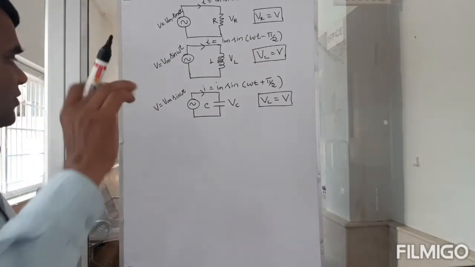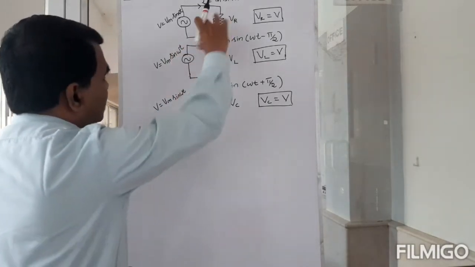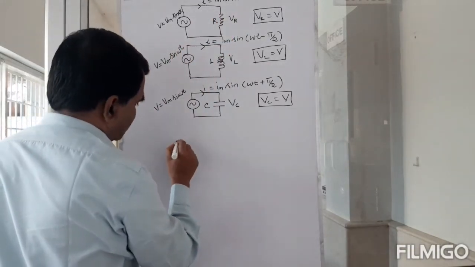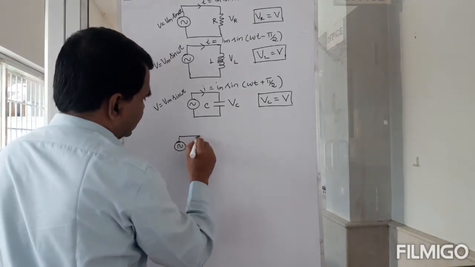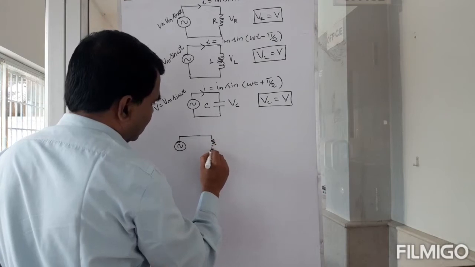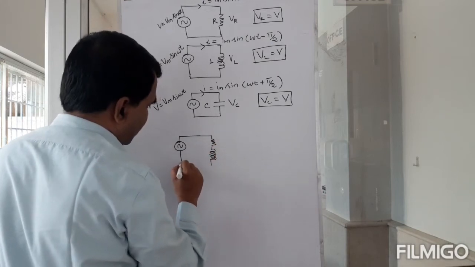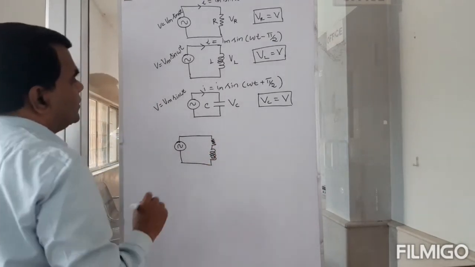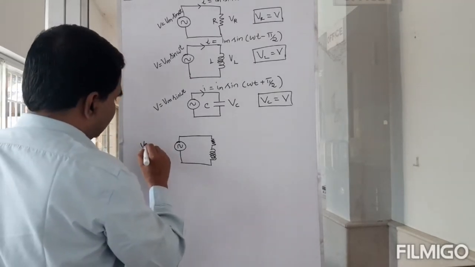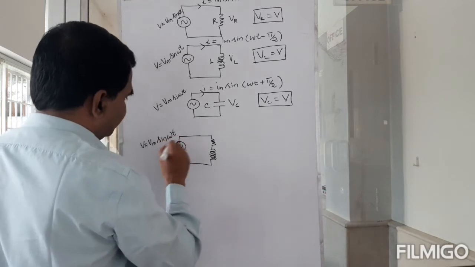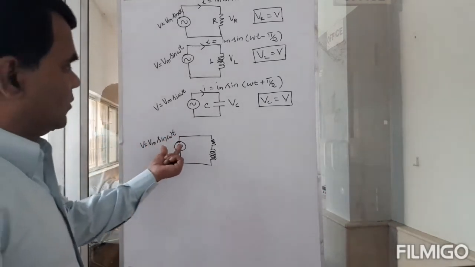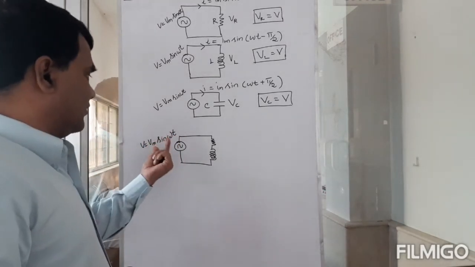Suppose I take another circuit. Let's suppose I combine these, like a practical circuit where I have a resistor and also an inductor. So clearly you have V equal to Vm sine omega t. This is the voltage you apply. This is your reference voltage.